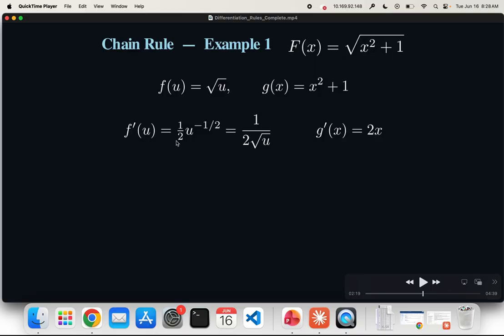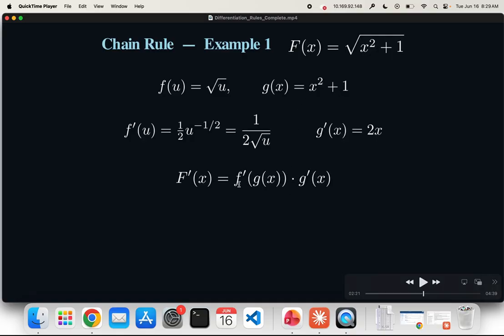So to differentiate the outer function, again, the outer function is root of something. To differentiate that, it's just the power rule. Again, 1/2, bring down the power. Subtract 1 is -1/2. You can rewrite that as 1 over 2 root of u. Again, a negative 1/2 power is the same thing as you bring it to the bottom and make a square root. So that's how you differentiate the outer function. The derivative of the inner function is simpler, it's just 2x.